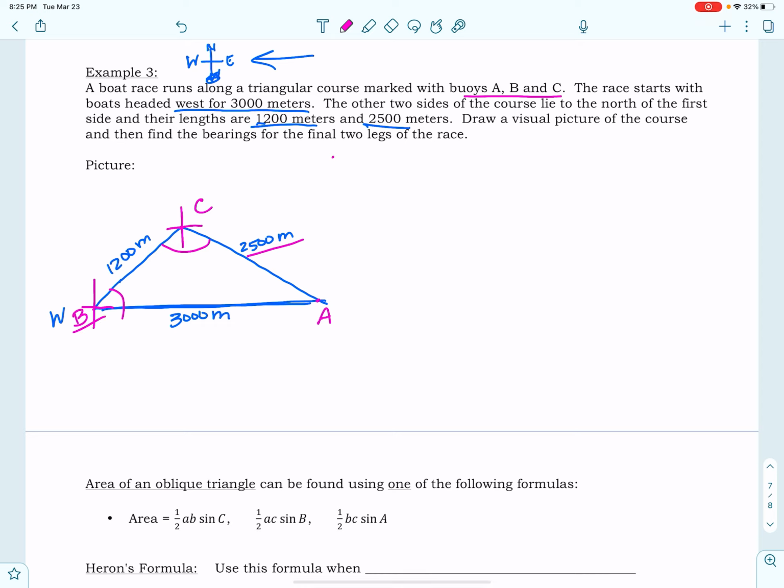So I am going to write side 2,500 squared equals 1,200 squared plus 3,000 squared minus 2 times 1,200 times 3,000 times the cosine of angle B.